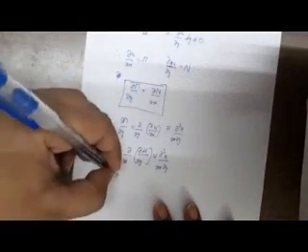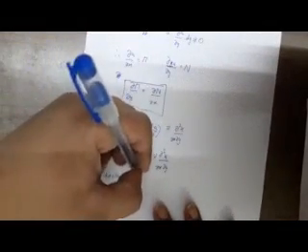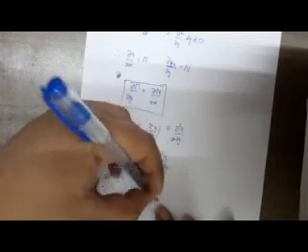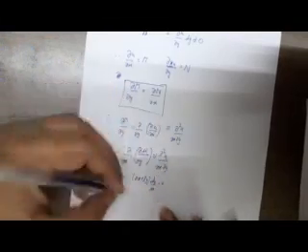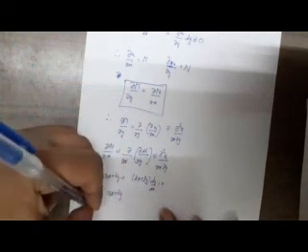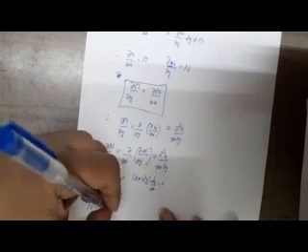Now if we consider the original given equation, which was (ax + by) + (kx + ly) dy/dx equals 0, here we can see that m equals ax + by while n equals kx + ly.